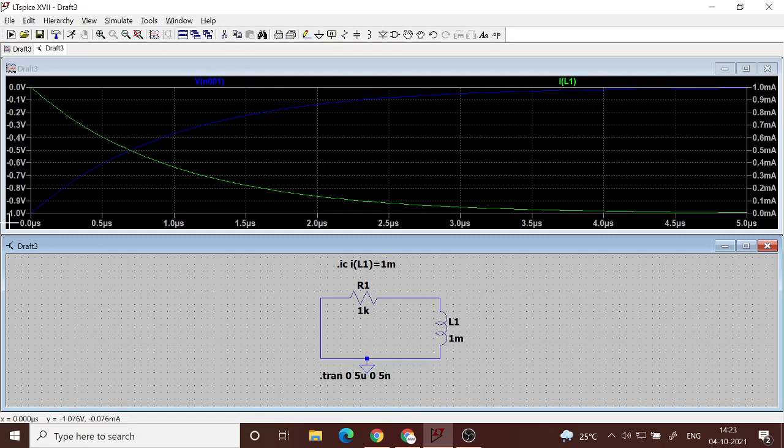Initially the voltage is -1 volt. Okay, I have not specified this, I only specified the current, but then the simulator calculates for 1 milliampere current to flow from top to bottom, what should be the voltage that should be coming across the inductor.